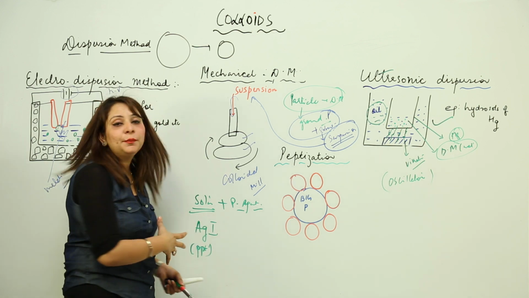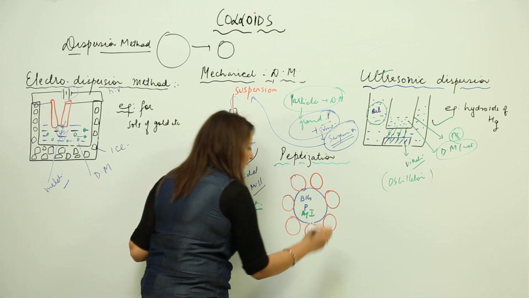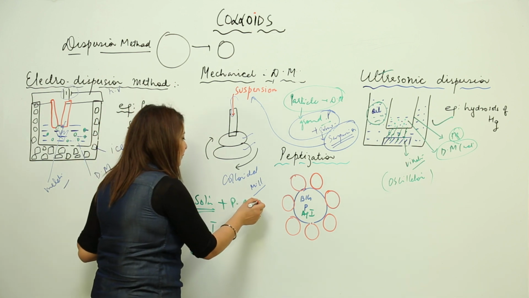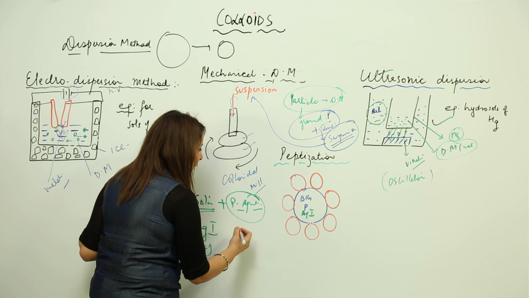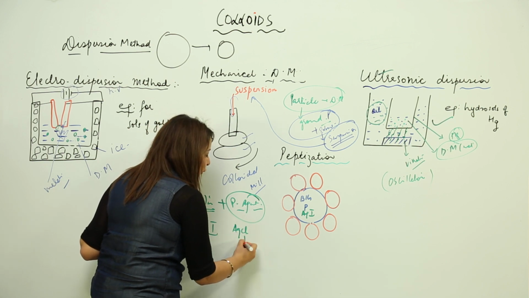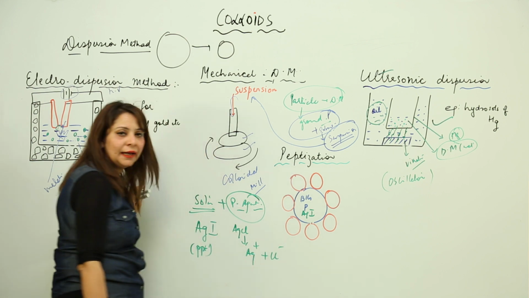So suppose I have the precipitate of silver iodide. So let us say this is my silver iodide. Now I add a peptizing agent. Let us say that my peptizing agent can be any electrolyte, let us say it is AgCl, right? So what will happen? As it is an electrolyte, it has a tendency to break up into ions.